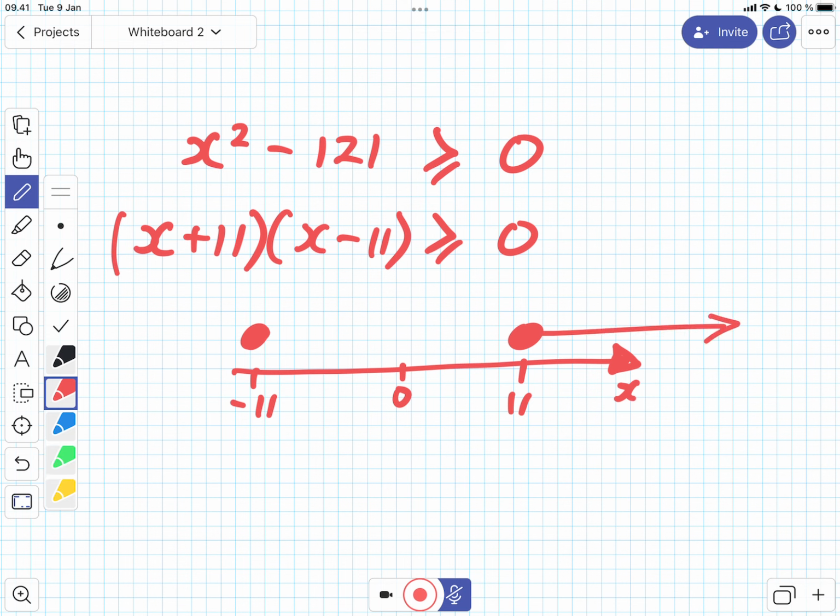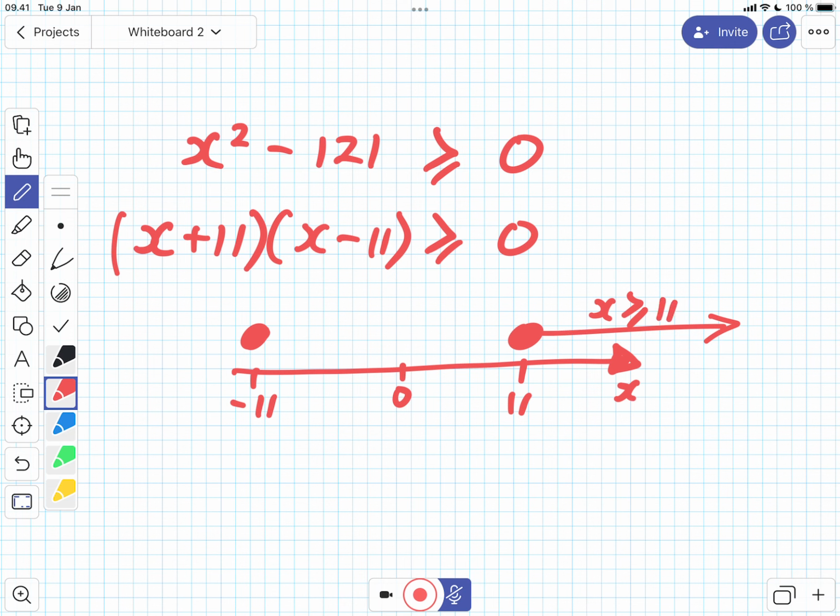So when x is, let's say, 100, then you would get 111 times 89. So that's a big positive times a big positive, and that definitely would give you something that's more than 0. So the inequality is certainly true when x is greater than or equal to 11.